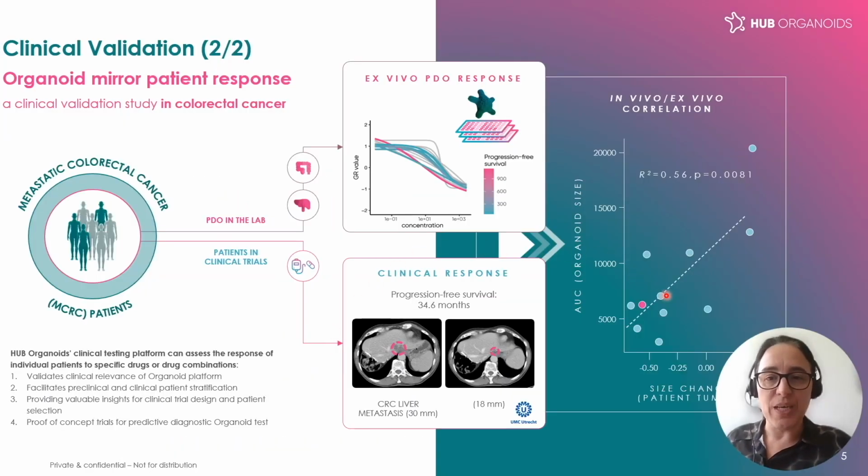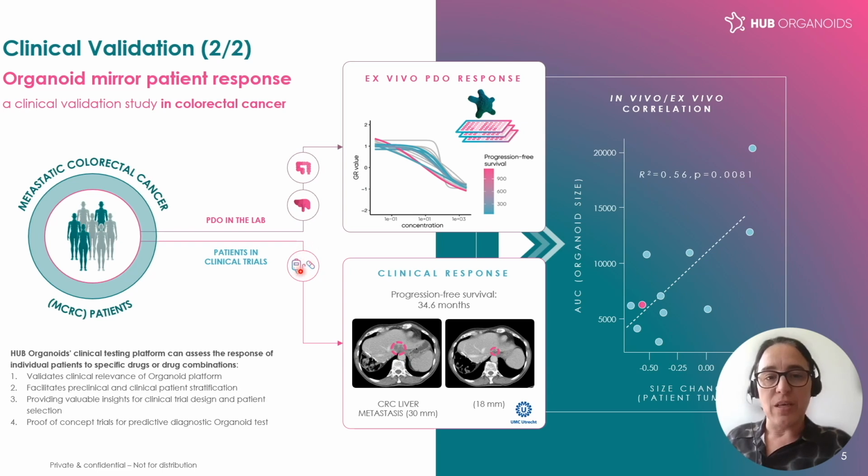We see the same trend in other types of cancers, like this metastatic colorectal cancer, in which we are running a clinical study with our collaborators at UMCU Utrecht, in which we are now collecting biopsies from patients that are diagnosed with metastatic colorectal cancer lesions in the liver.